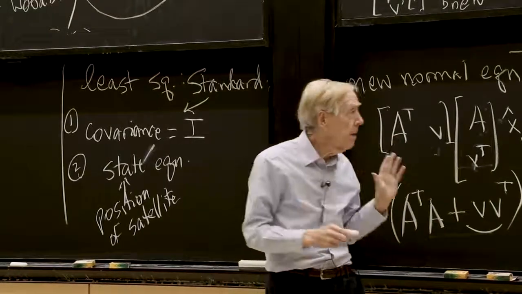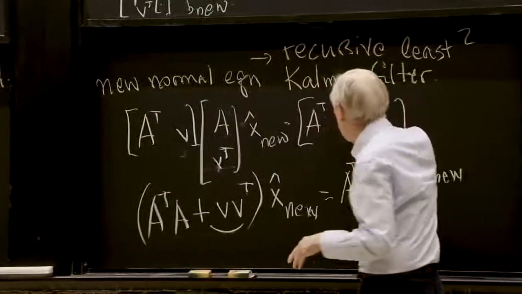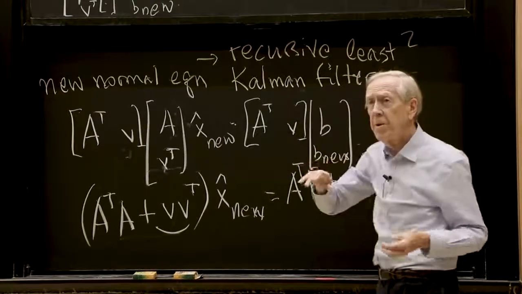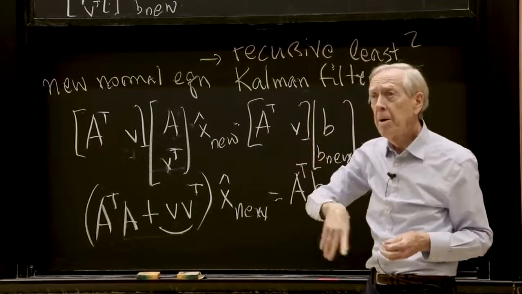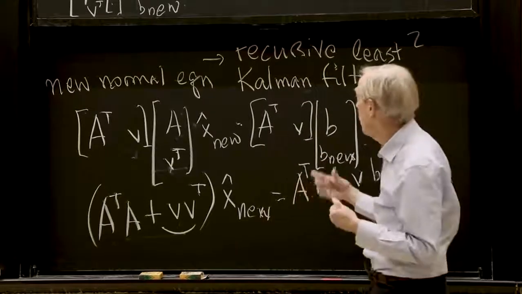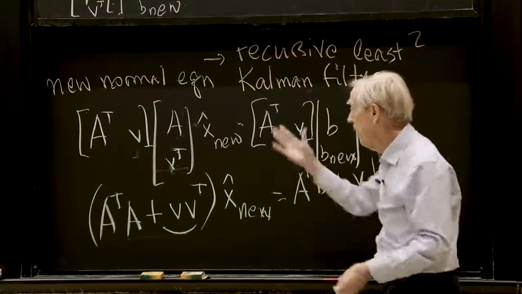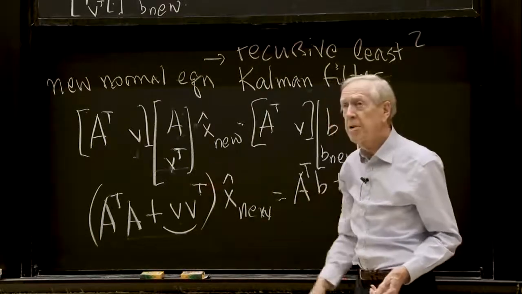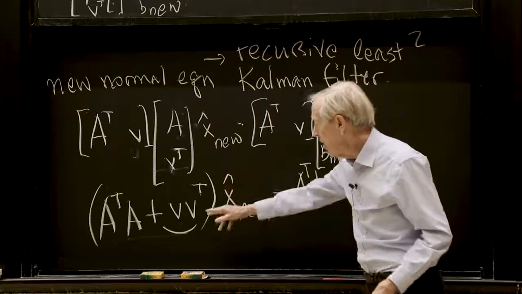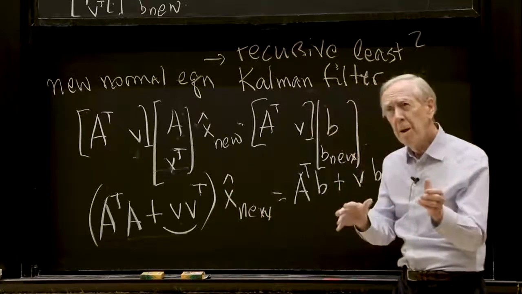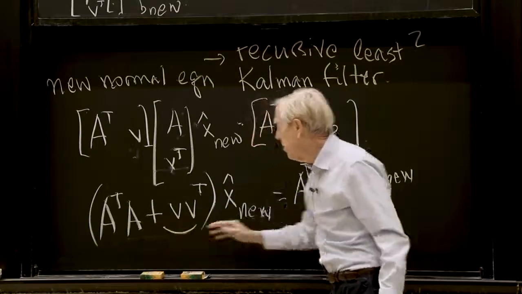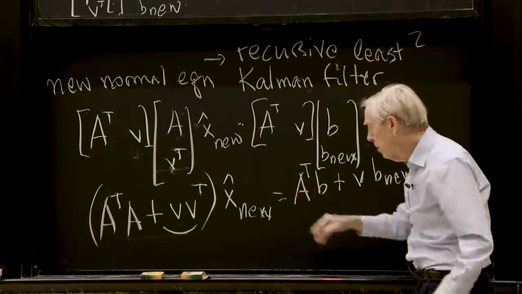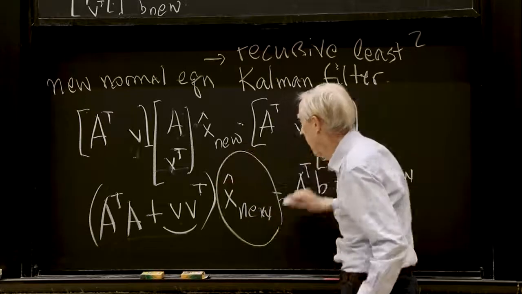So just to summarize this, the Kalman filter is a significantly improved version of recursive least squares. That's recursive least squares: a new measurement comes in, changes things, but leaves a big part unchanged, and you find that new x hat.